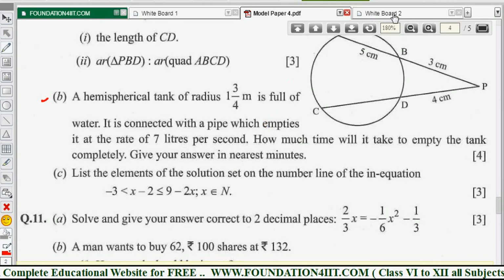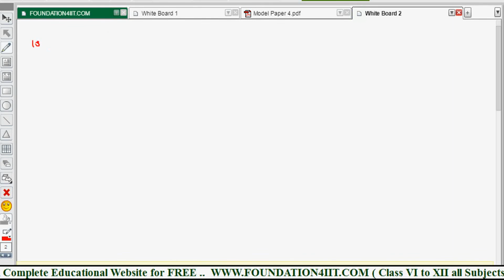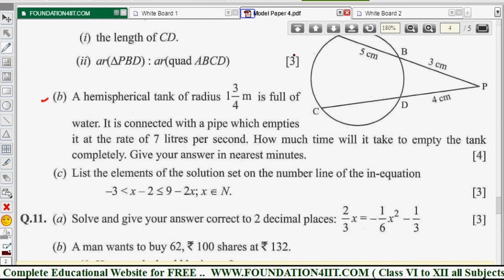So let me take the diagram and show you. So hemispherical tank, the radius is given. Radius is given according to the question as 1 3 by 4, so 4 into 1 plus 3, that is 7 by 4 meters.